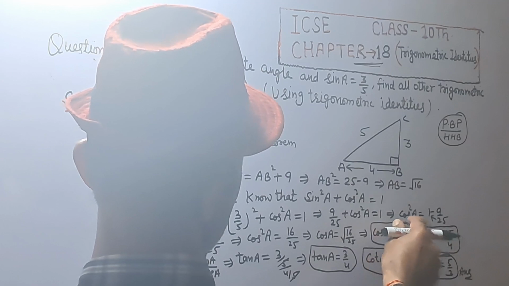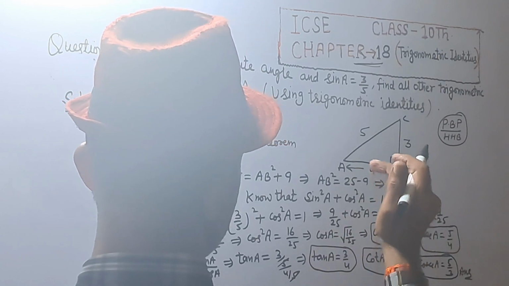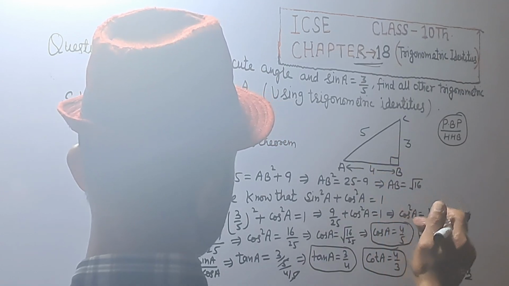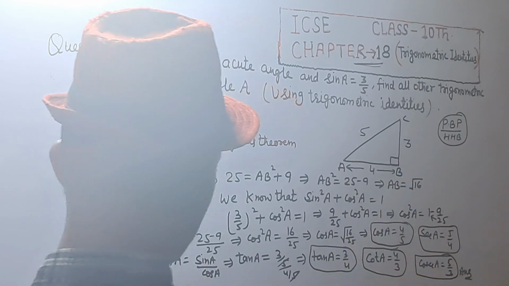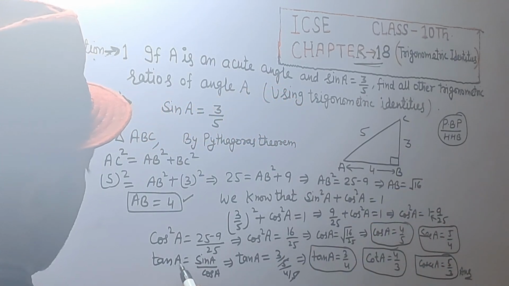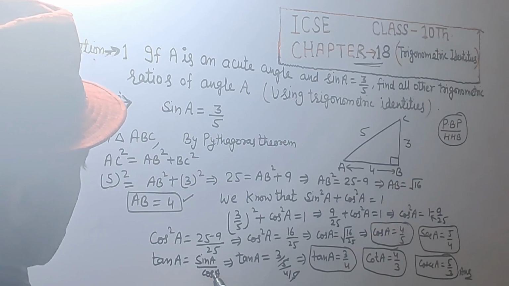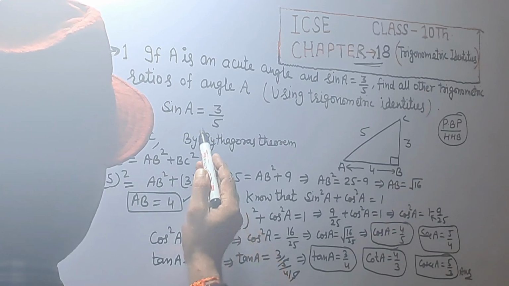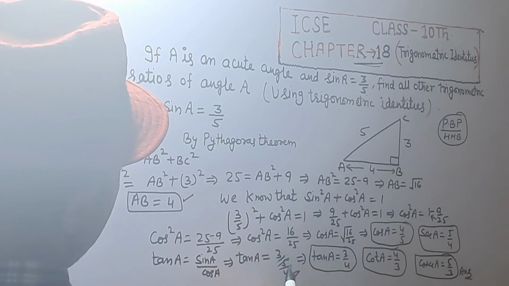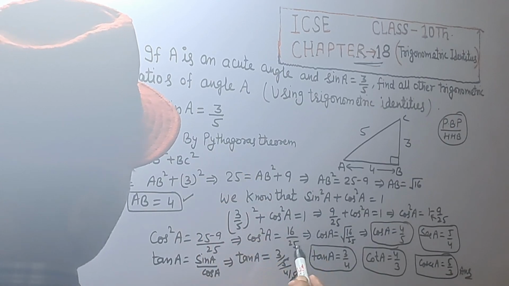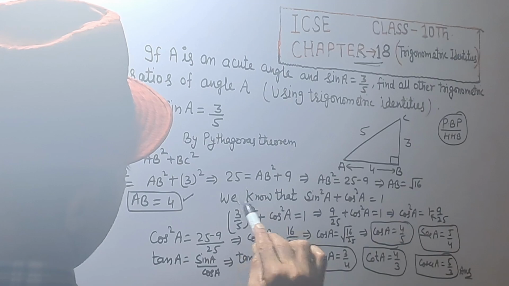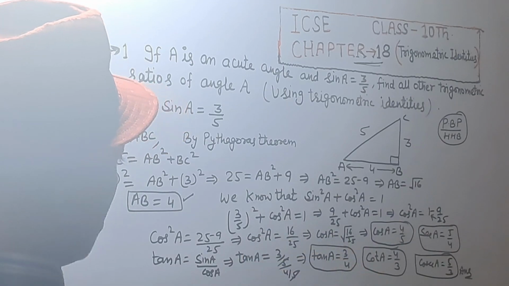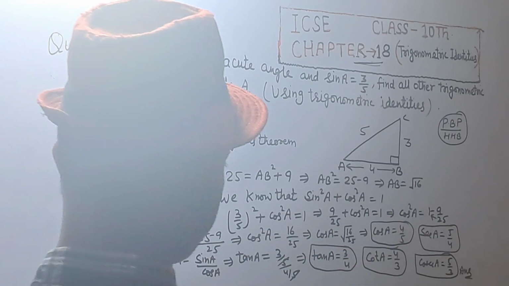We get cos A is 4 upon 5 and secant A is equal to reciprocal of cos A, that is 5 upon 4. Tan A is equal to sin A upon cos A. Sin A is 3 upon 5 divided by cos A is 4 upon 5. 5 is cancelled and we get tan A is equal to 3 upon 4.